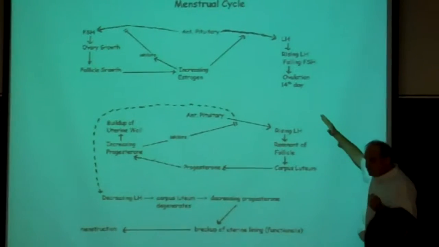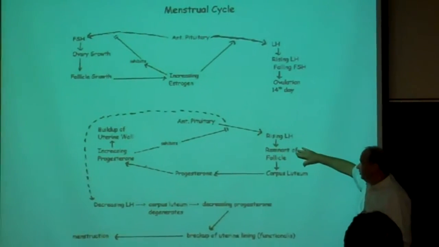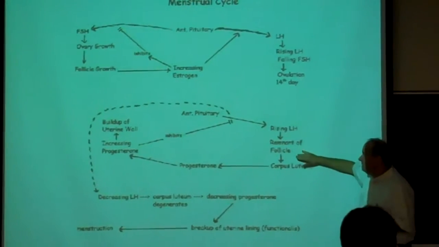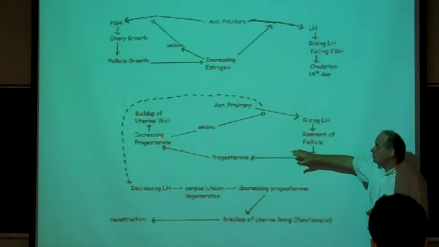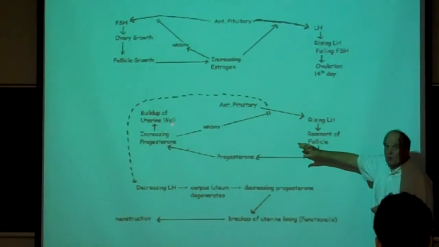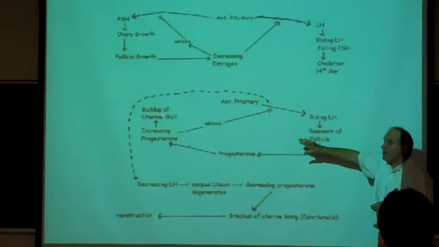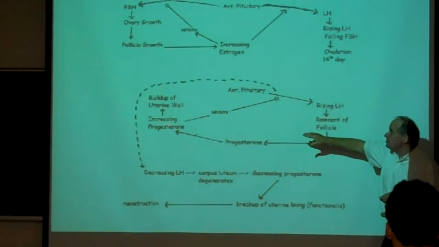All right, now look at this. As the LH rises, the remnant of the follicle, the corpus luteum, begins to produce progesterone. Progesterone, as it builds, will hold the endometrium status quo. But this increasing progesterone is like a two-edged sword.